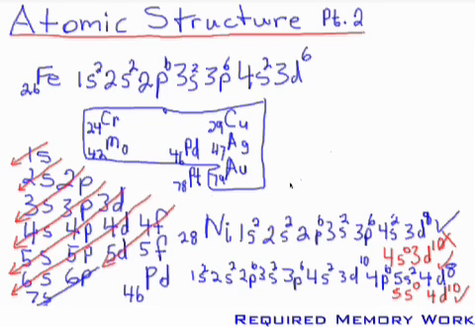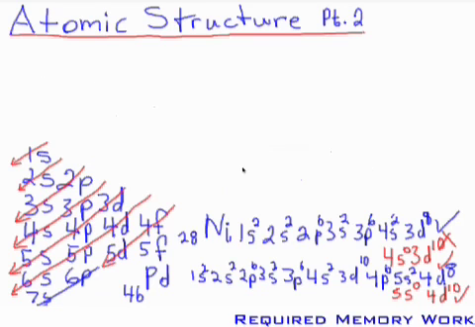What I want to do now is take us right back to the electronic configuration of nitrogen. So let's start up here with nitrogen, 7 electrons. I follow my diagonals. I draw this on scrap paper.